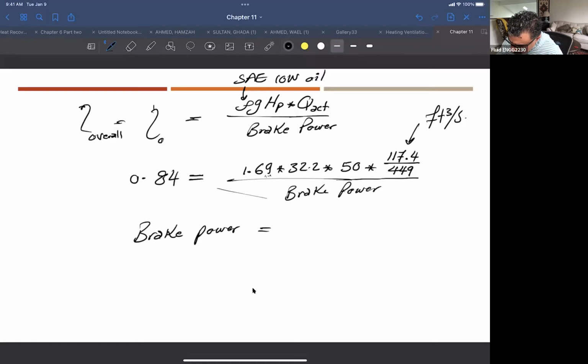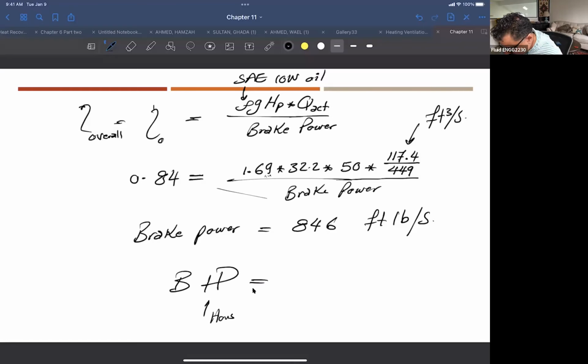The number I have here is 846 foot-pounds per second, which is a basic British unit. If I need to find the brake horsepower, I can convert it by dividing by 550. This gives me 1.54 horsepower.